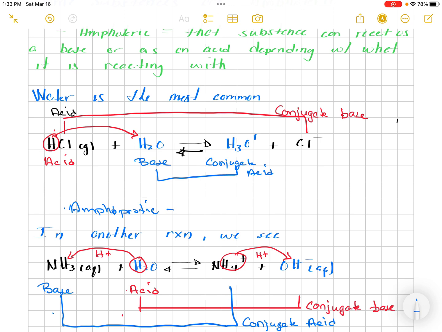So the ability to behave in an amphoteric manner is defined basically as its amphiprotic properties. So this goes to the ability to be amphoteric.